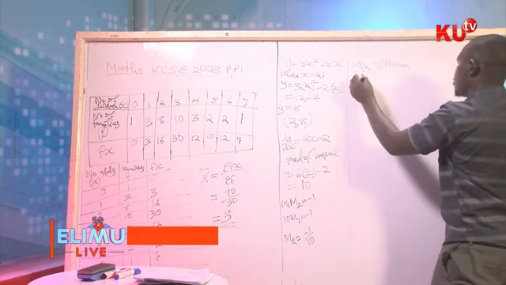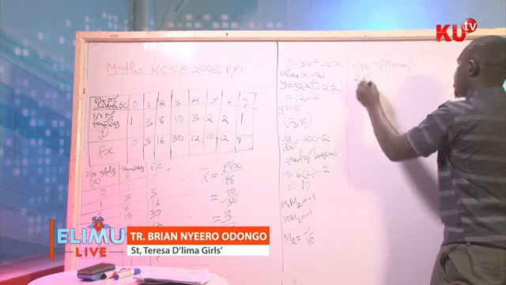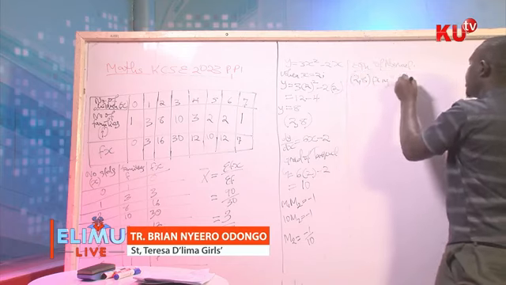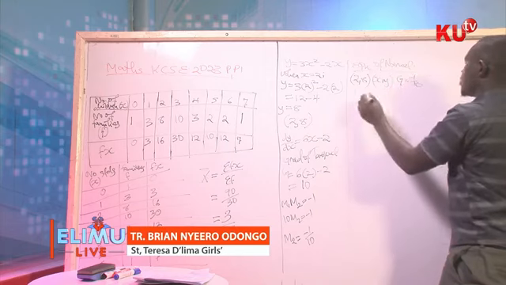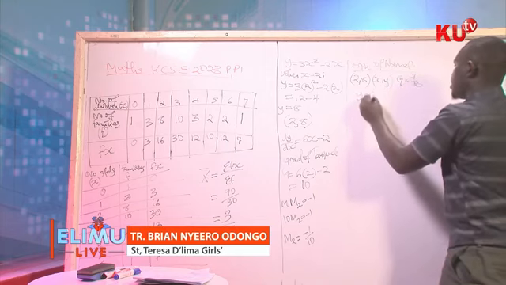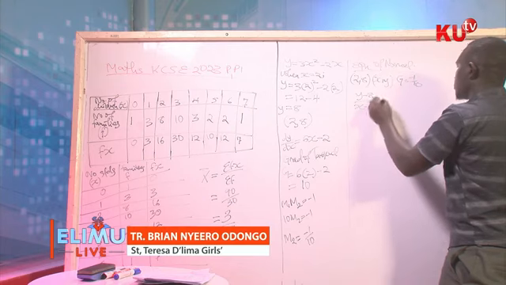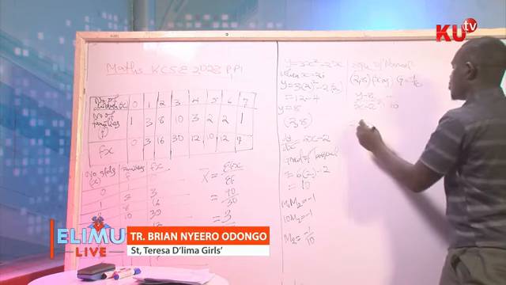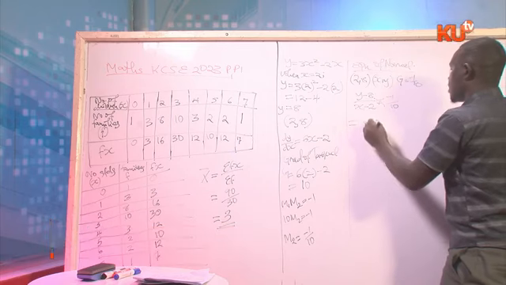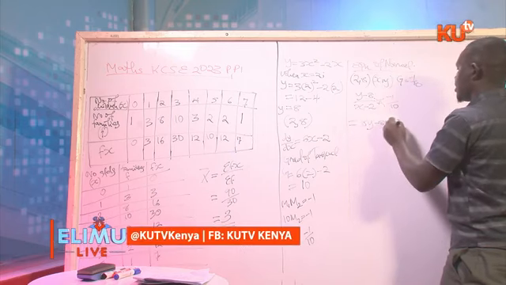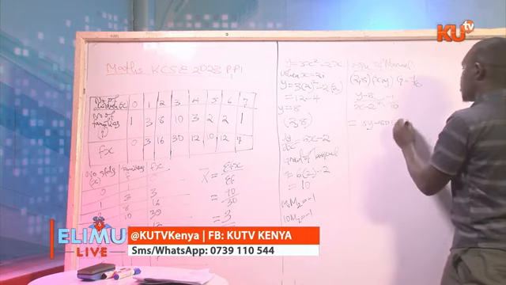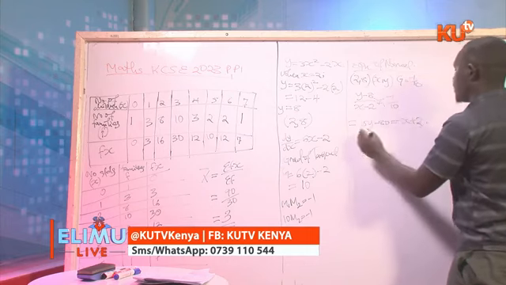How do you get the equation of the normal? You have the point (2, 8). You introduce another point called (x, y), then with your gradient as -1/10. So this is (y minus 8) over (x minus 2) equals -1/10. Cross multiplying, this evaluates to 10(y minus 8) equals negative (x minus 2).